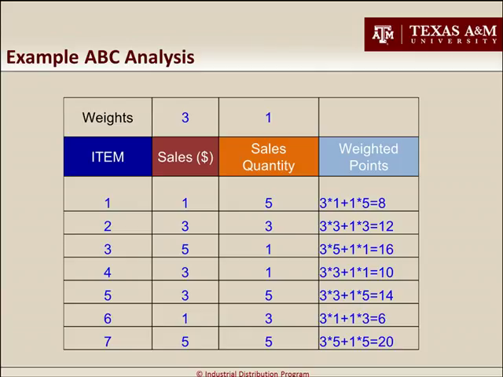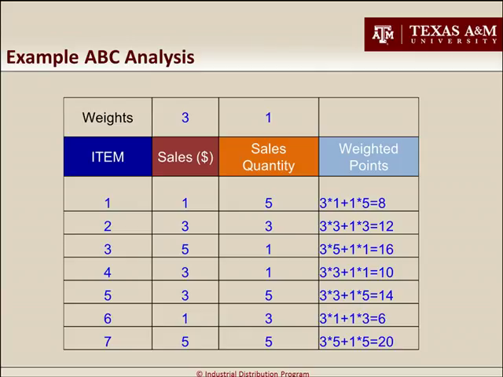Now, once I calculated these weighted values, I'm going to go back to my initial step of sorting these items from best to worst. In this case, the best item is the one with the highest point, and the worst item is the one with the lowest point.